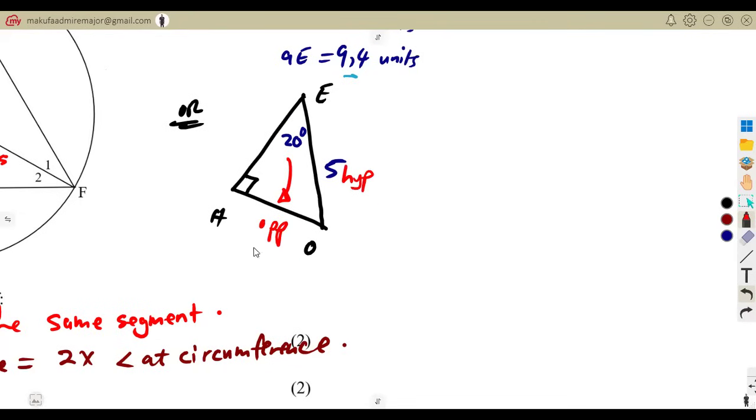Which ratio uses opposite and hypotenuse at the same time from our SOHCAHTOA concept? That's for sine. So the sine of 20 degrees must be equal to the opposite, which is OH, over what? The hypotenuse, which is 5. So you can calculate OH from there.